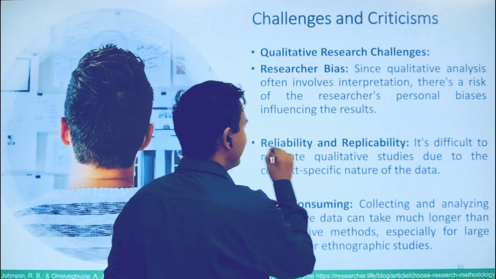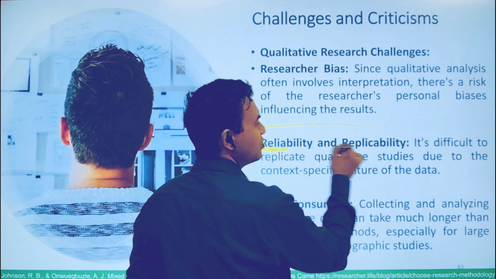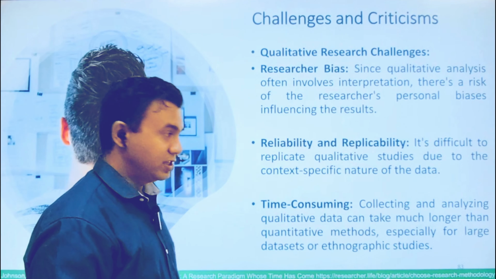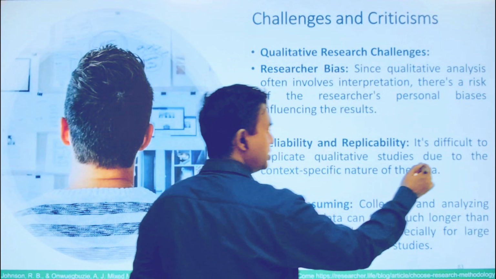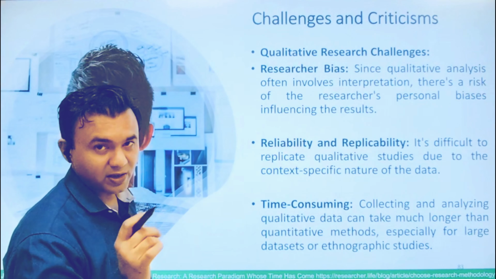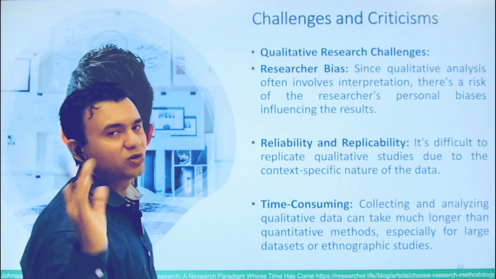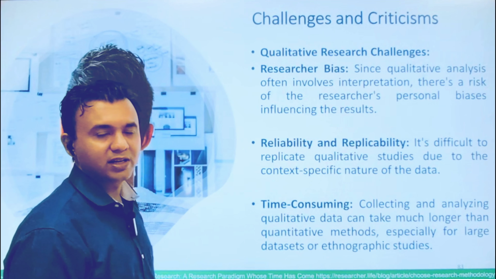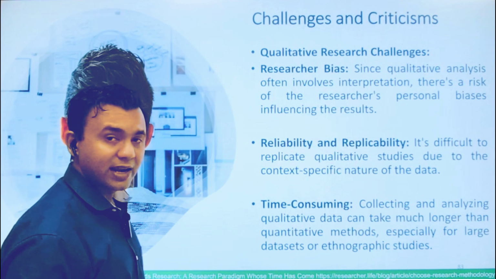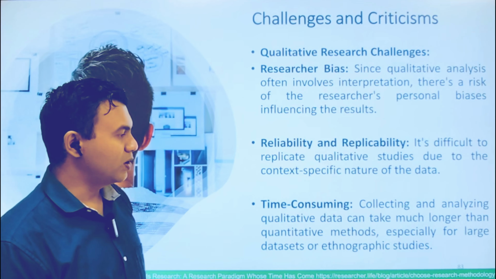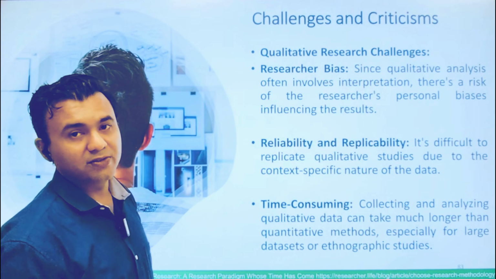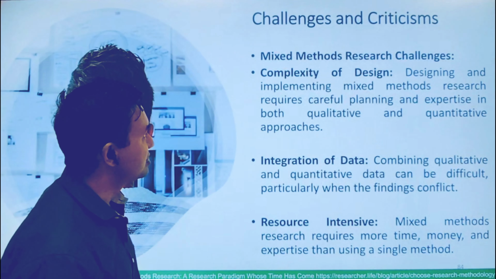Reliability and replicability: it's difficult to replicate qualitative studies due to their context-specific nature. The group on which we are conducting the study, or the sample, is smaller and cannot be generalized. And sometimes it can be time consuming to gather the perspectives, because we have to go to the field, discuss with the people, and then understand, right?